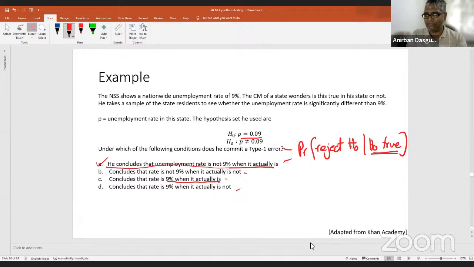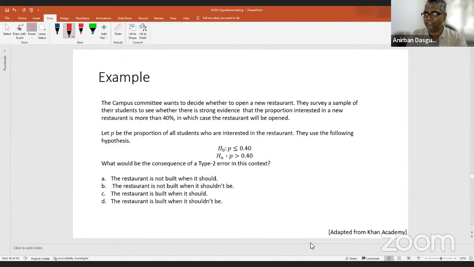Clear? Questions? Let's do one more. This is very important in our campus, a small campus. There are a small number of restaurants we have seen, and suppose the campus committee decides whether to open a new restaurant. Is there enough interest?